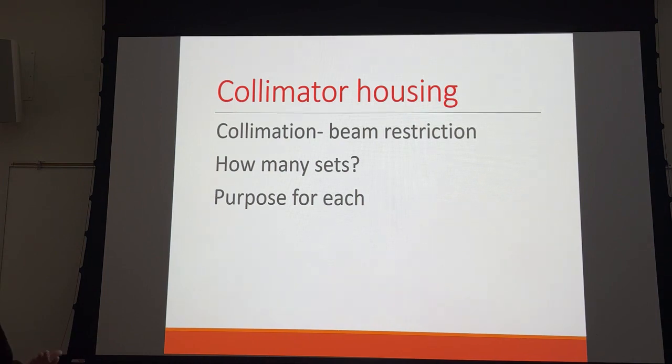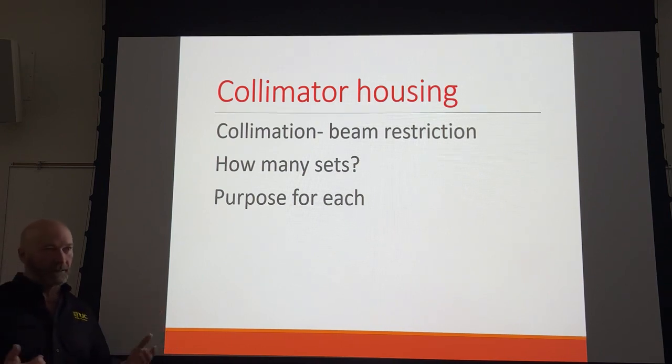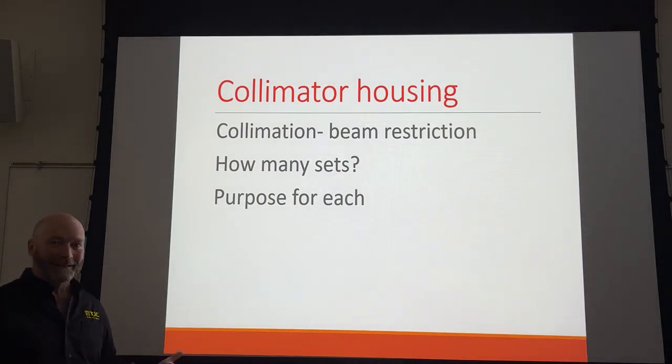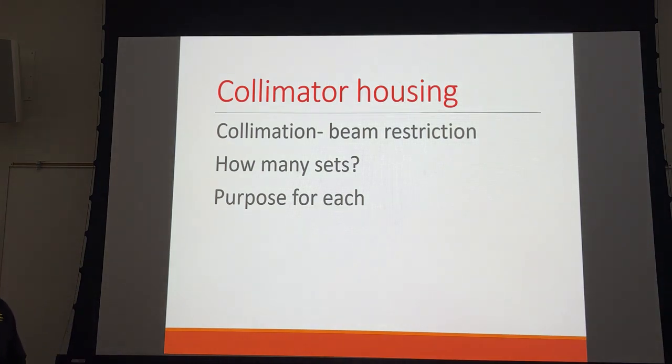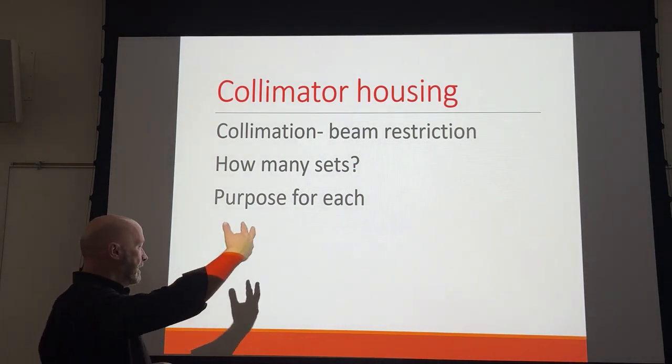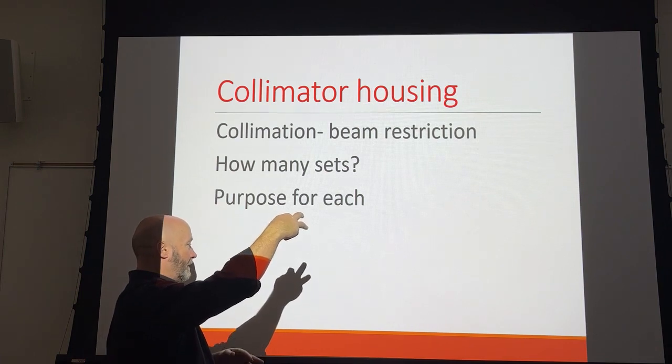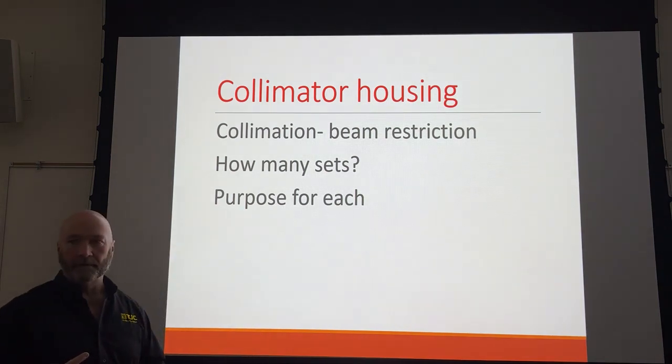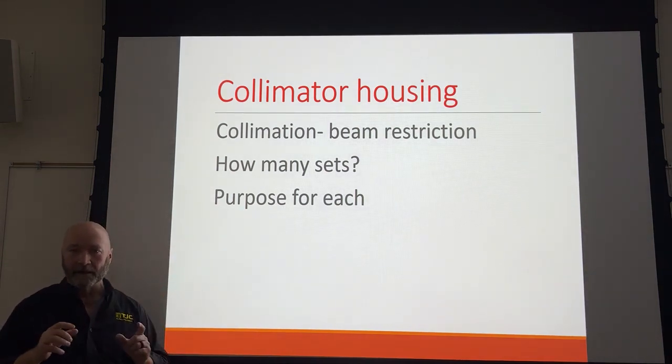We've got the one that you see. Those are the shutters that you actually visualize and make a square, a rectangular field. But you've got another set that you don't see unless biomed is working on your machine. They take the collimator housing off. And what that is, they call a multi-leaf collimator. A multi-leaf collimator is, let's see if I can make this happen, imagine a cone of pieces of lead.